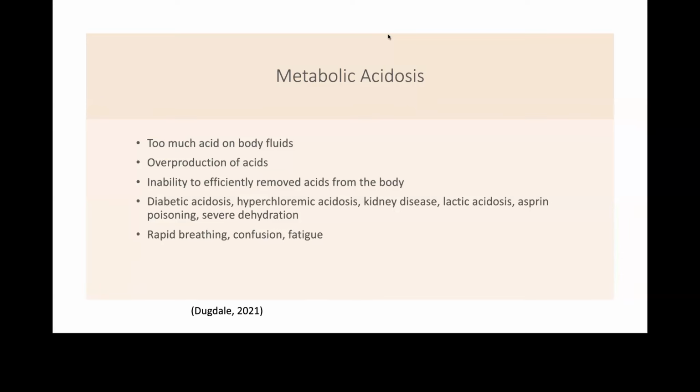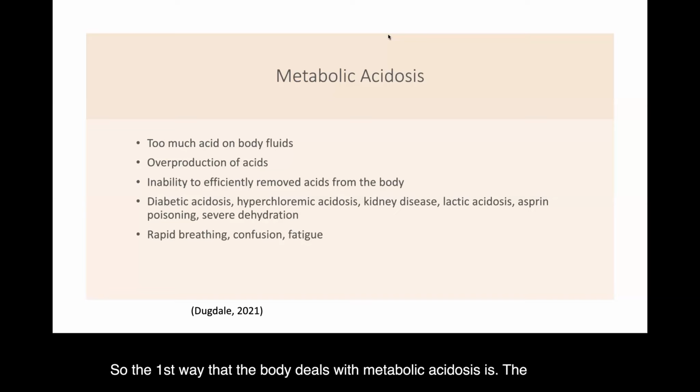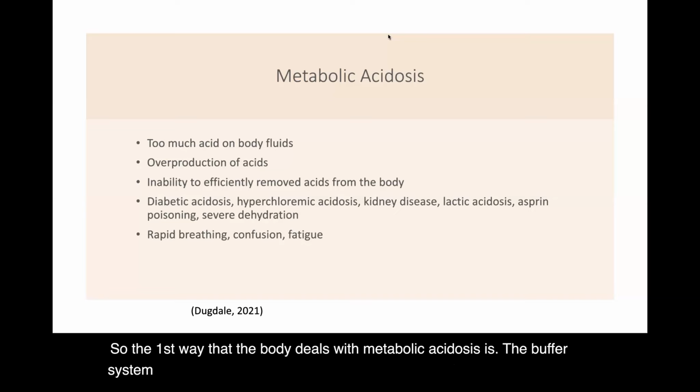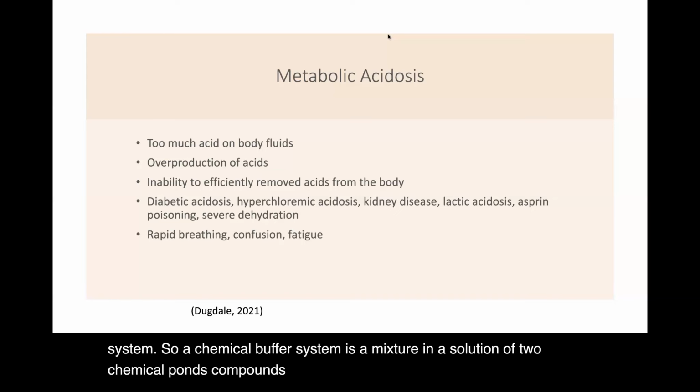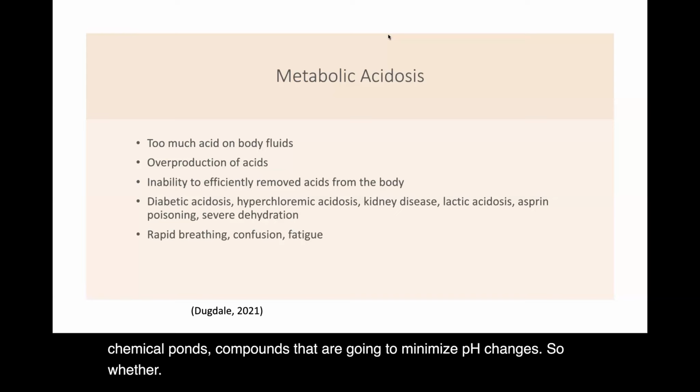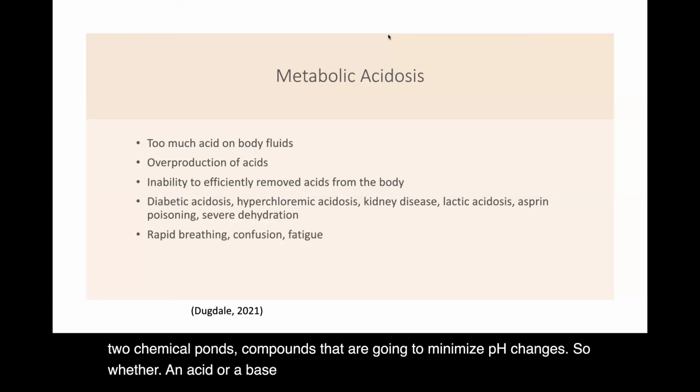So the first way that the body deals with metabolic acidosis is the buffer system. A chemical buffer system is a mixture in a solution of two chemical compounds that are going to minimize pH changes, whether an acid or a base is added to or removed from the solution.